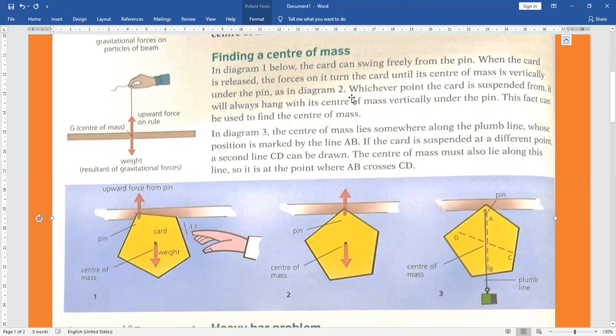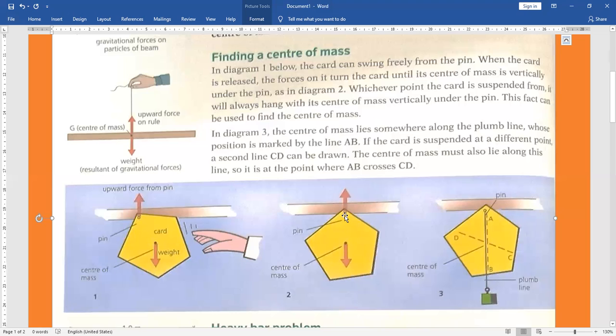Diagram number 2: whichever point the card is suspended from, it always hangs with its center of mass vertically under the pin. This fact can be used to find the center of mass.